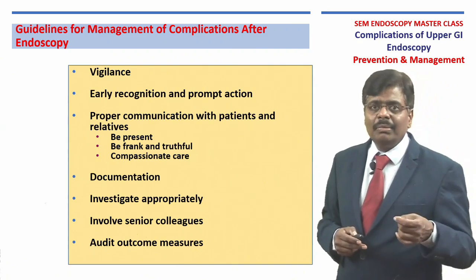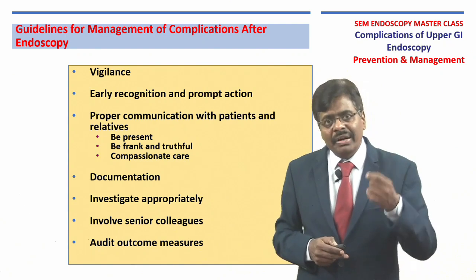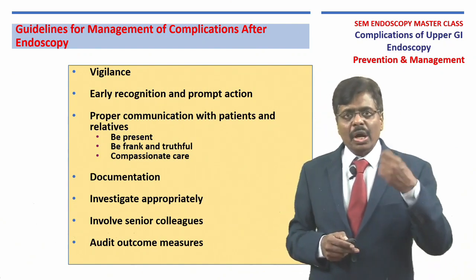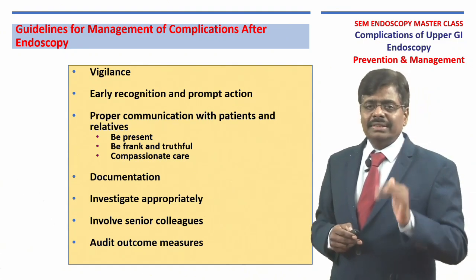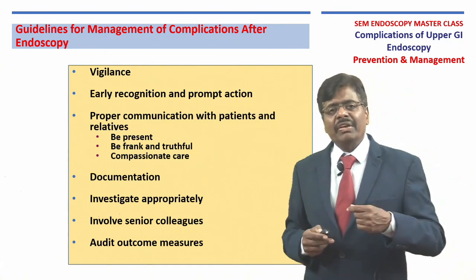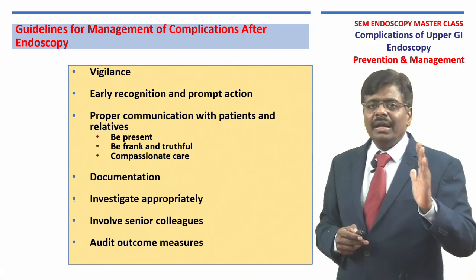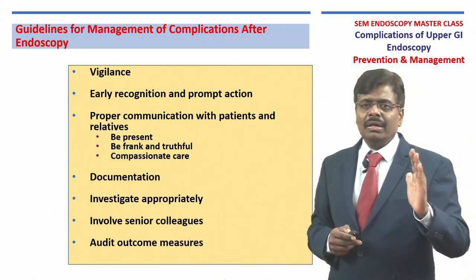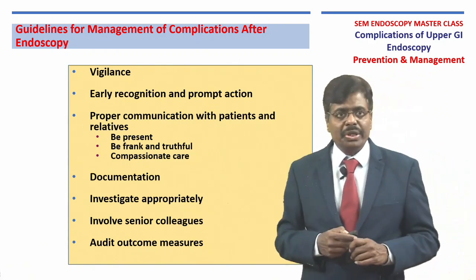So, you need to tell them to take only a liquidized diet, and every time after taking it, wash it down with an effervescent drink, and sit erect for at least a few minutes, if not hours. Especially if the stent is going right across the OG junction, they should preferably sleep in a slightly semi-recumbent or upright position. So, these are all simple but very important advice you may have to give.